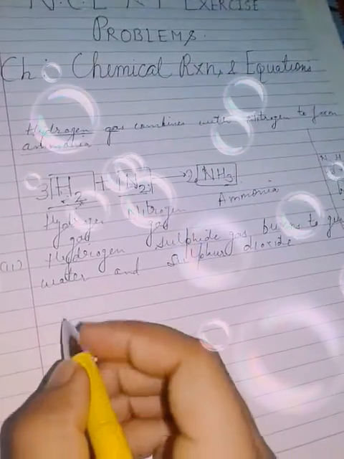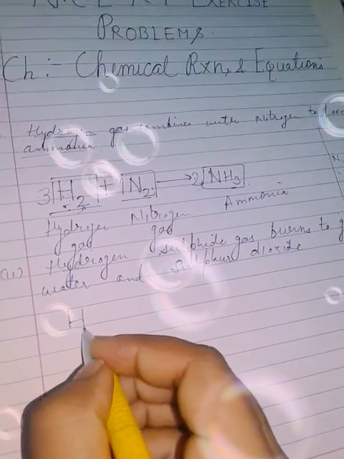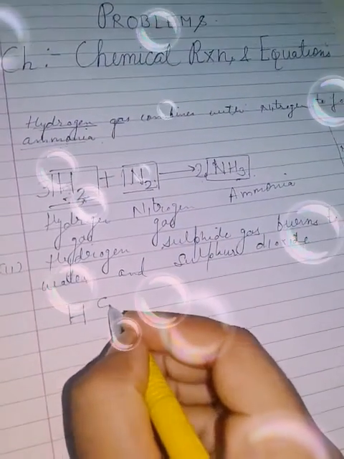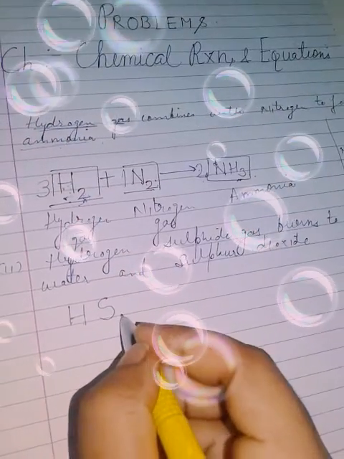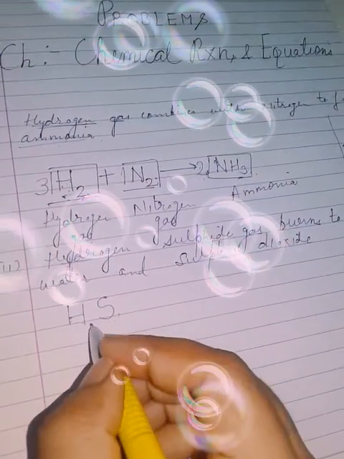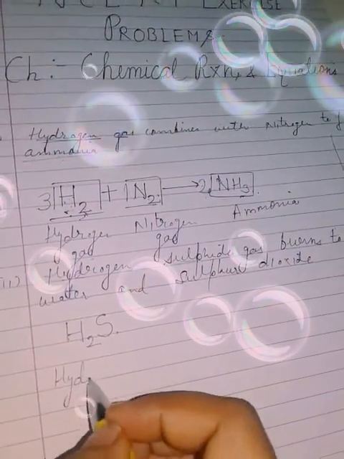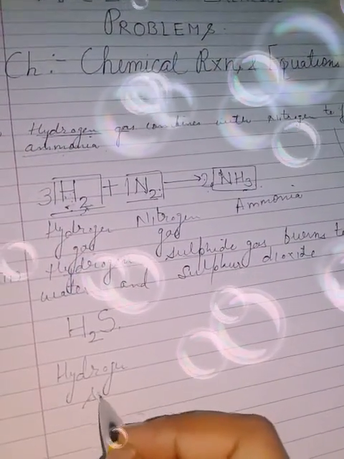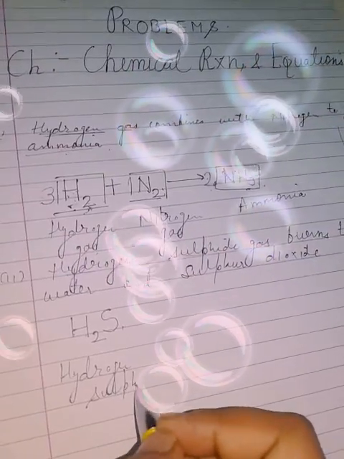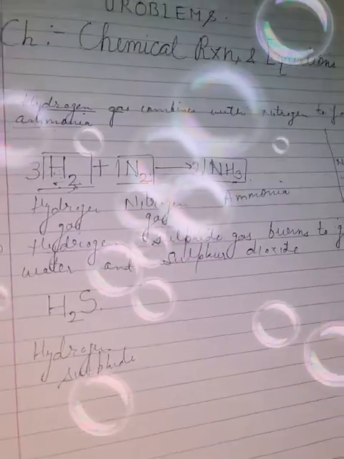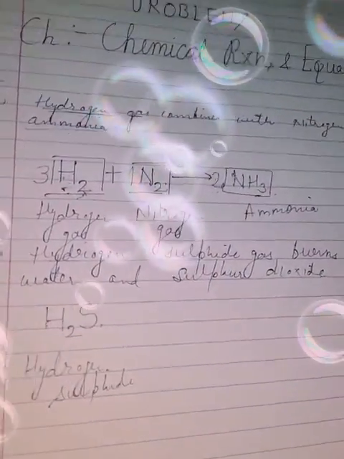Hydrogen sulfide: hydrogen symbol is H, sulfide symbol is S. Now hydrogen valency is 1, no need to write it over here. Sulfide, its valency is 2, so I crossed it over here. This is your hydrogen sulfide. We have learned how to form the formula in our previous class, 10th class, so we are applying that concept over here.